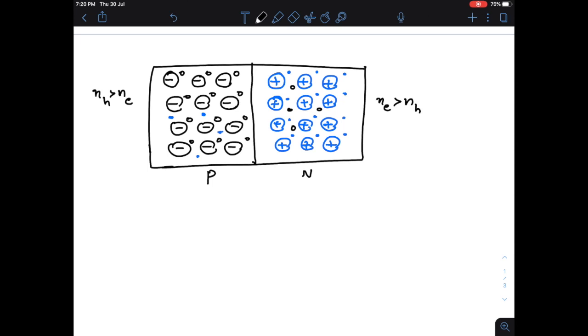Now what will happen? Because holes are more in number in p-type, and less in number in n-type, there is a concentration gradient.